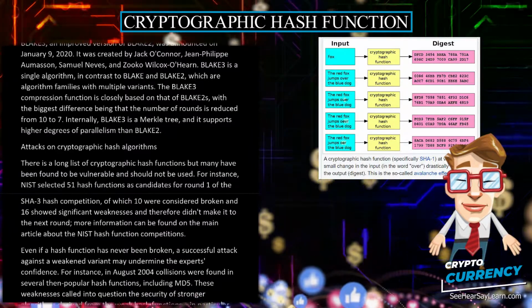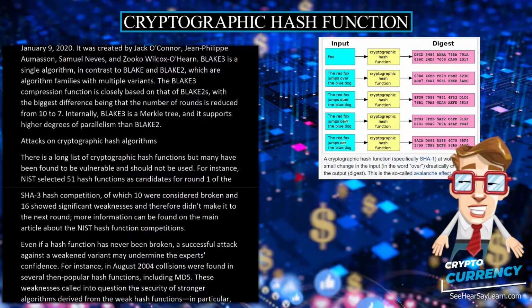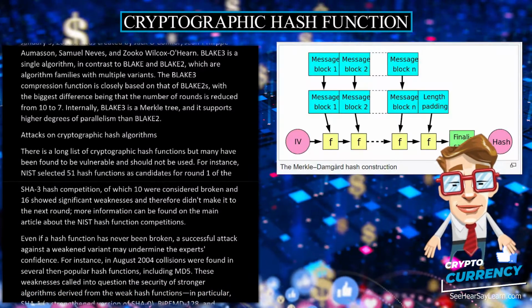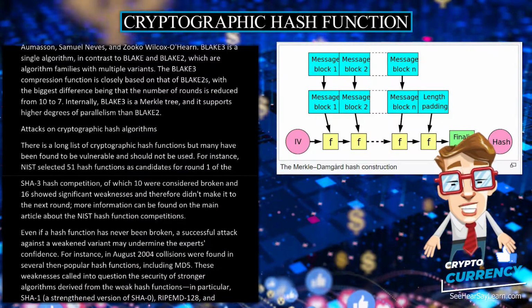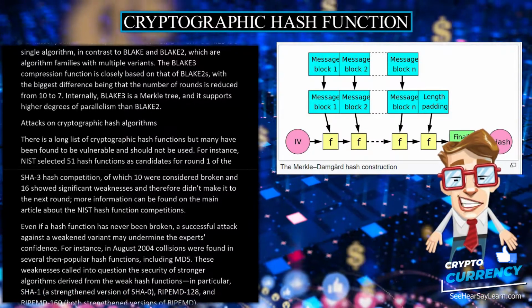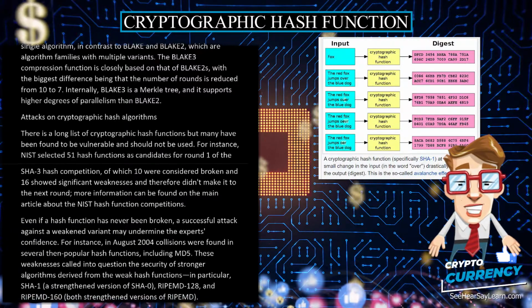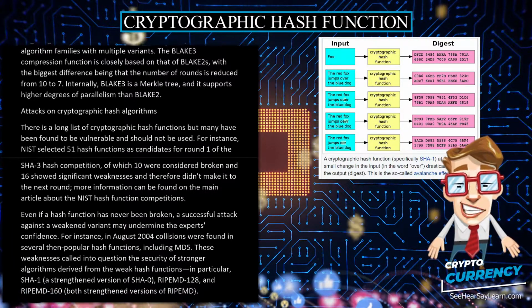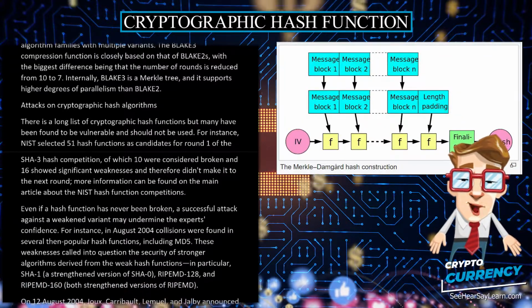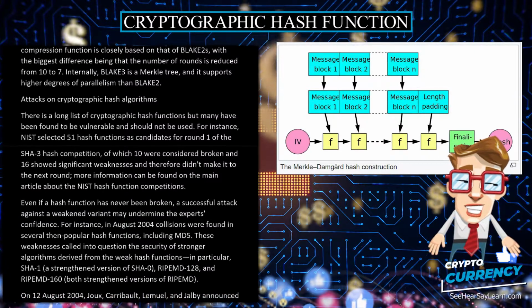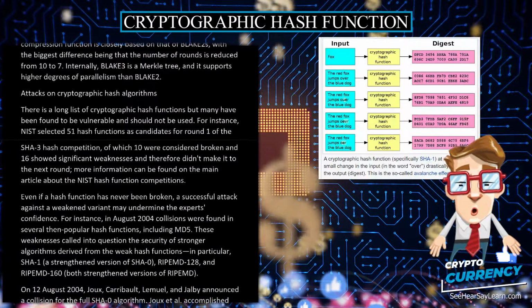Joux et al. accomplished this using a generalization of the Chabaud and Joux attack. They found that the collision had complexity 2^51 and took about 80,000 CPU hours on a supercomputer with 256 Itanium 2 processors, equivalent to 13 days of full-time use of the supercomputer.